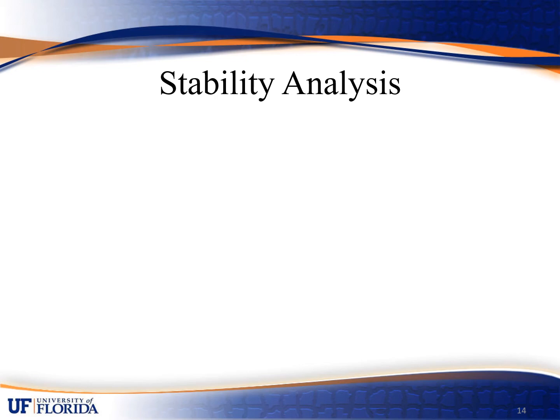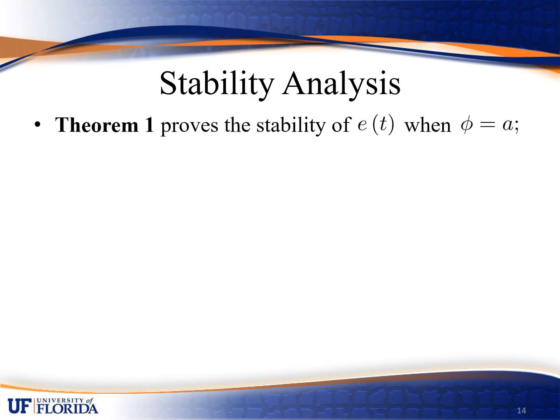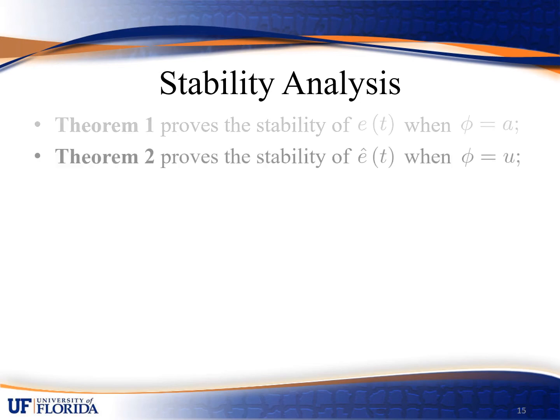The stability analysis will have four theorems. Theorem 1 proves the stability of the trajectory tracking error ET when feedback is available. Theorem 2 proves the stability of the estimated trajectory tracking error E hat T when feedback is unavailable.